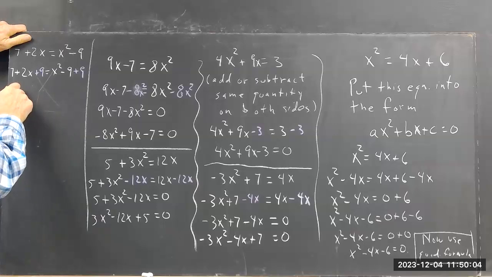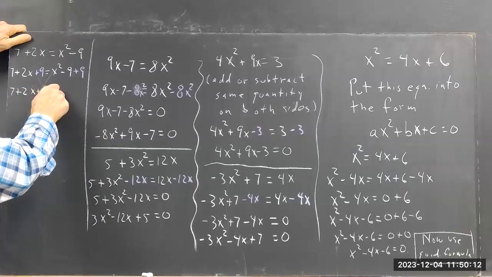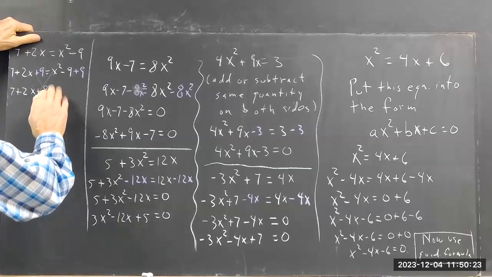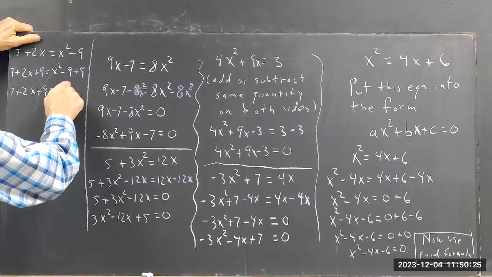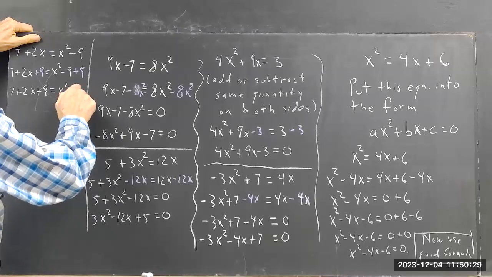So now we can write... now I'll notice that we could add the 7 and the 9. Okay, they're like terms, but we'll save that until we get to the last step. And then that equals just x squared. Now I'll put the plus 0 here.